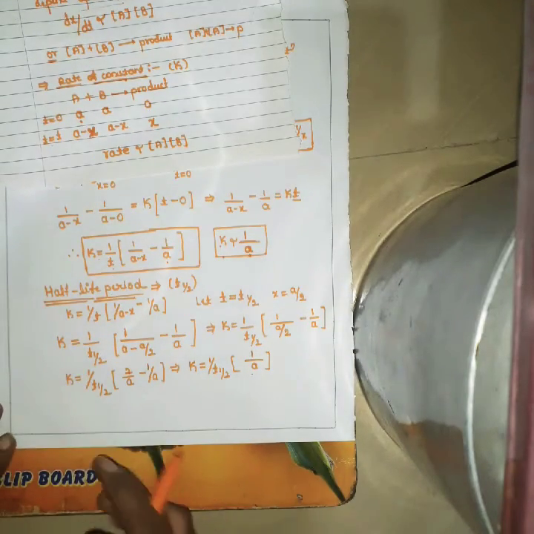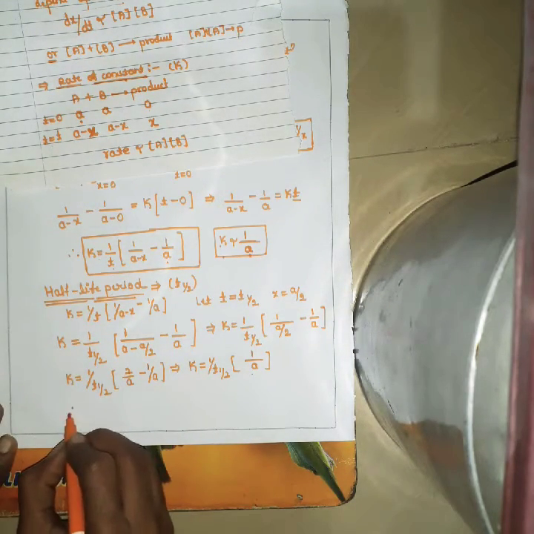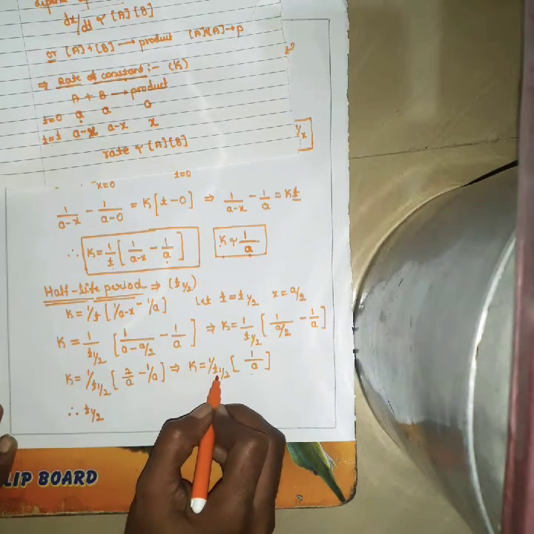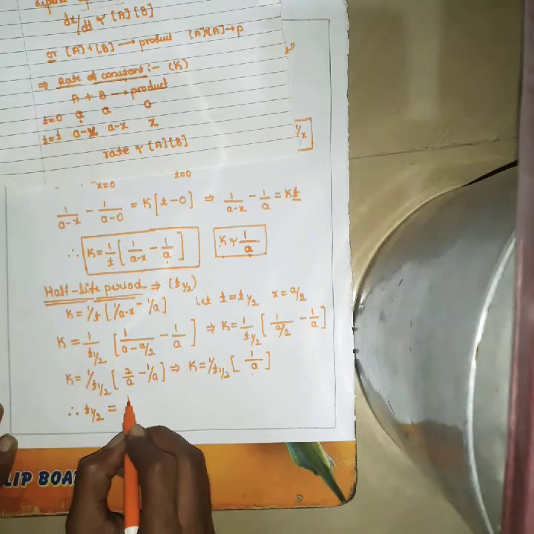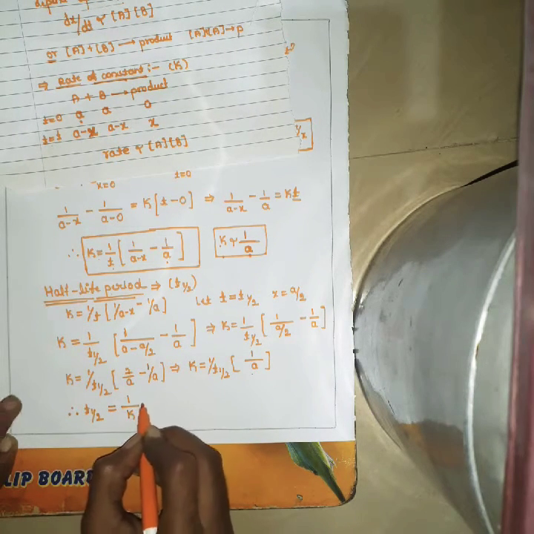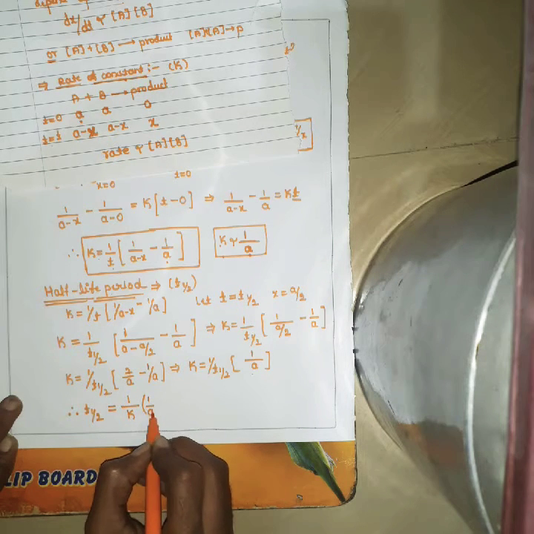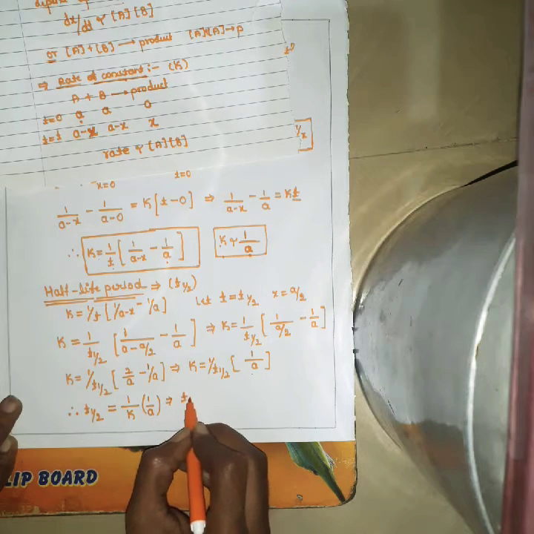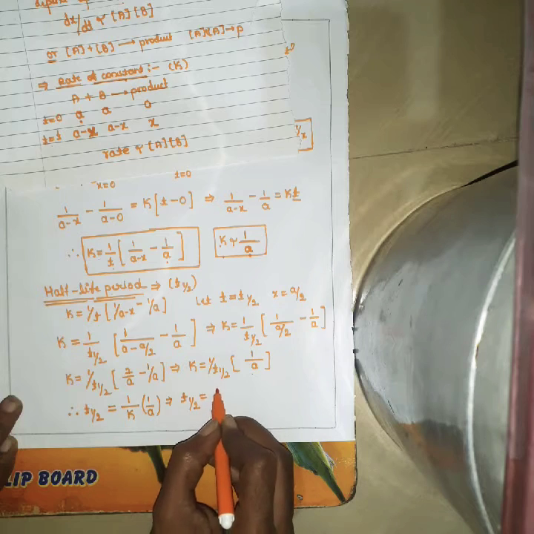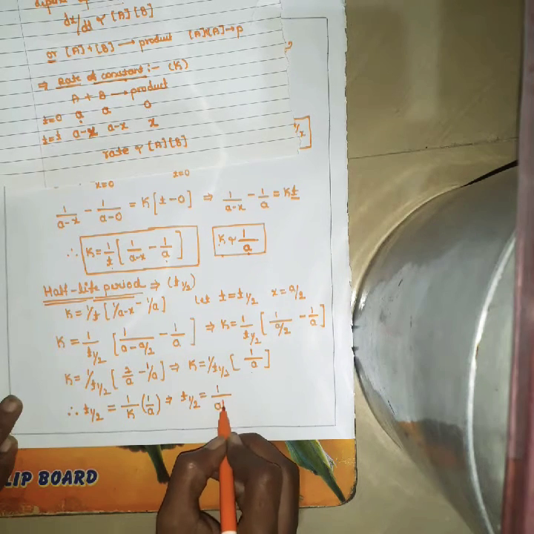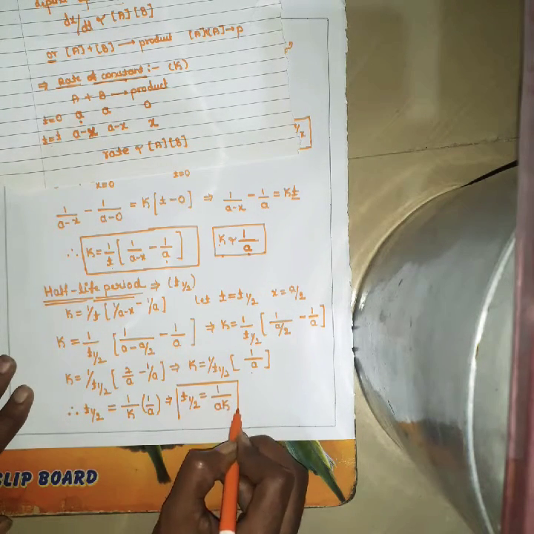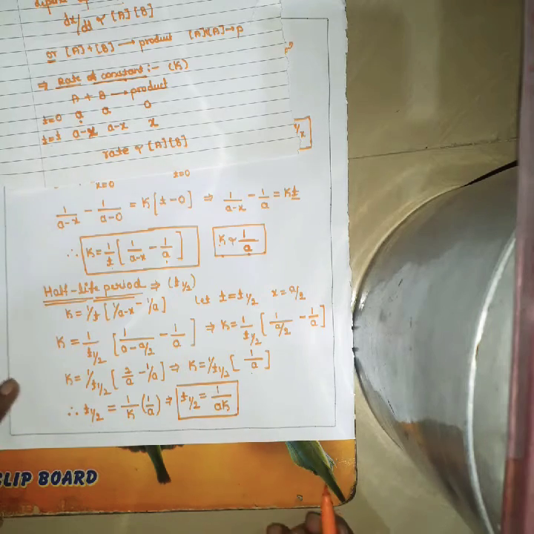Therefore, taking t half to one side and k to the other, t half is equal to 1 divided by k into 1 divided by a, so t half is equal to 1 divided by ak. This is the half-life period for a second order reaction.